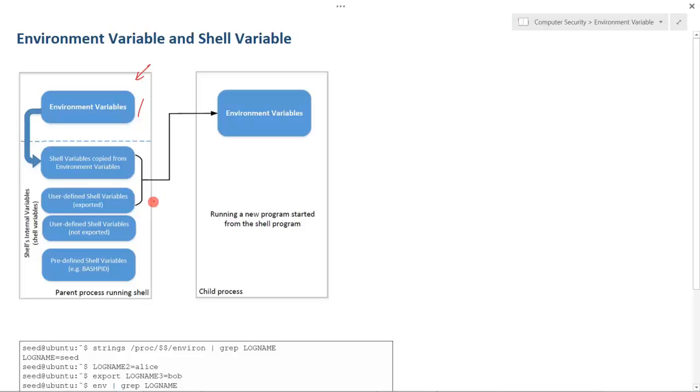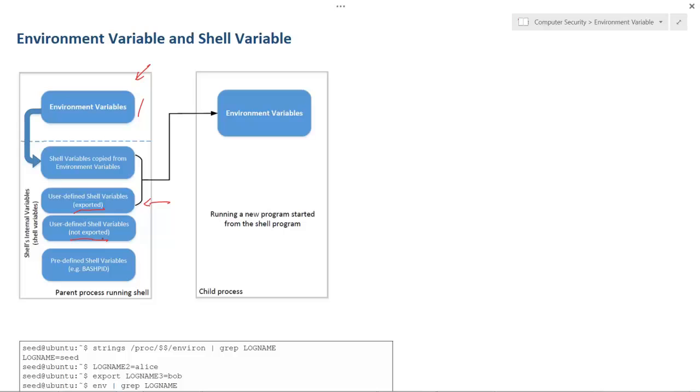You can also define a new shell variable, and there are two ways to define it: either you export it, or you don't. If you don't export it, that means the shell variable only affects the current shell. It doesn't even affect the environment.